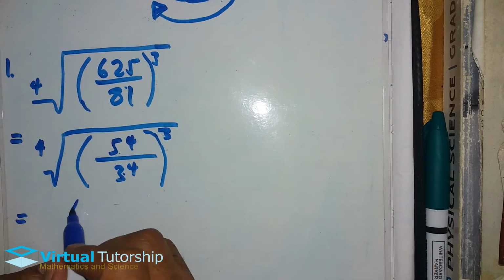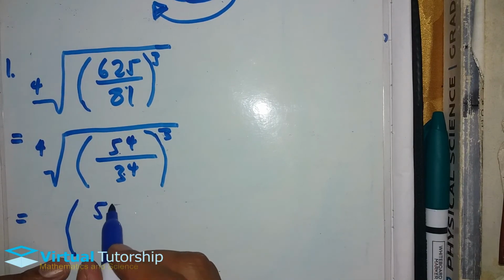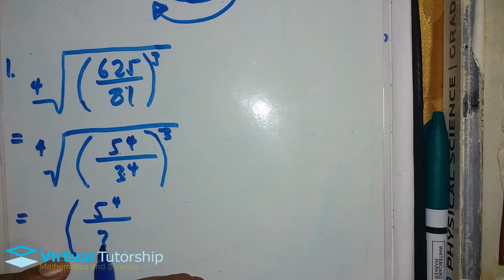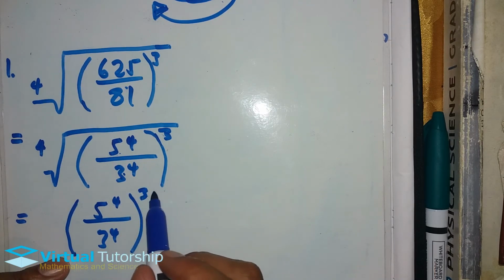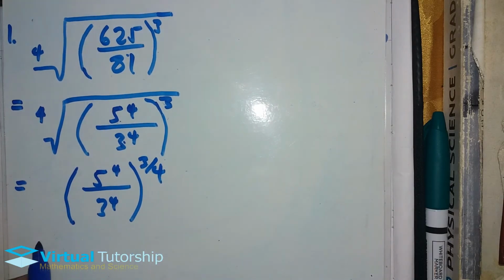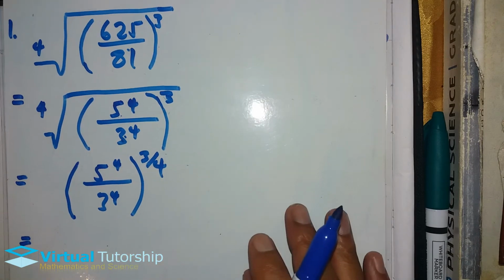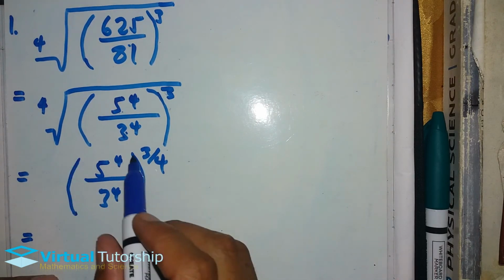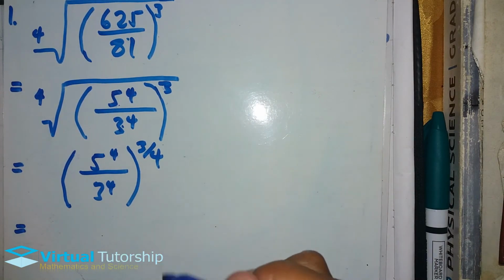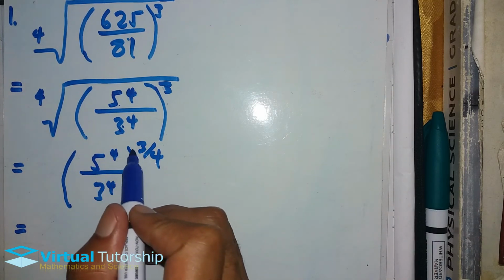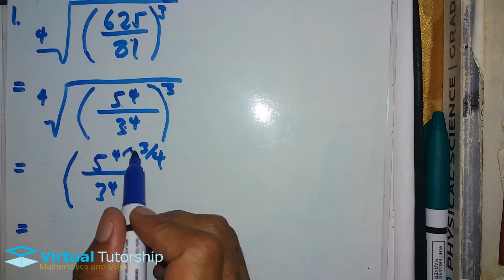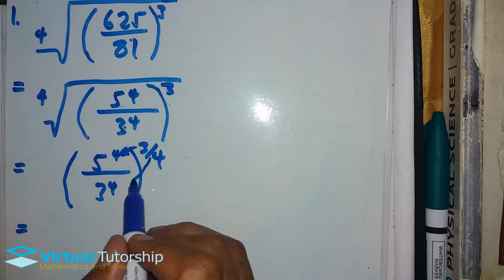So into engizoyenza, ngizothi according to the root definition, sina 3/4, ne, equal to. So according to your exponential laws, if une bracket and then outside that bracket une exponent, that exponent is multiplied by each exponent ekhona inside of this bracket, ne.